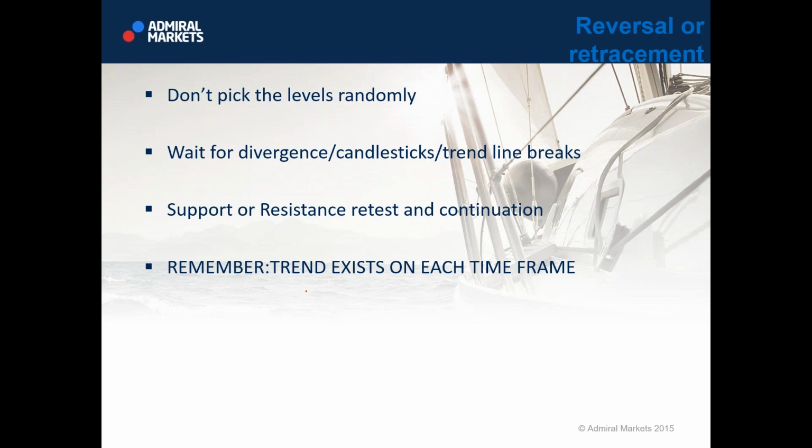So regular divergence only for spotting a possible price change. Remember, trend exists on each time frame. So do not ask questions, is euro-dollar trend going to change? Of course, you need to ask, is euro-dollar 4-hour time frame going to change, or 1 minute time frame going to change? Because trend exists on each time frame.